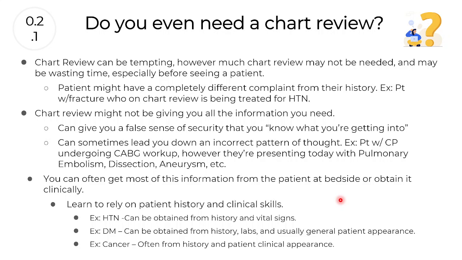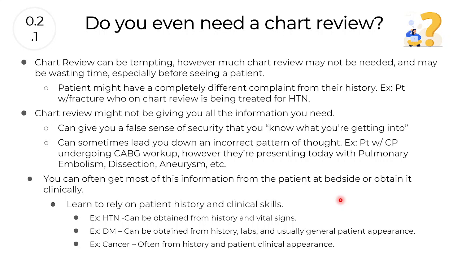They've had hypertension for a while now, and this is most likely something cardiac for their chest pain. But could they have other things? Could they have a pulmonary embolism, a dissection, an aneurysm, or something that wouldn't be associated with the history they've had before? That's a very big possibility as well. That's the reason I say that relying heavily on a chart review is not always the most useful use of our time.